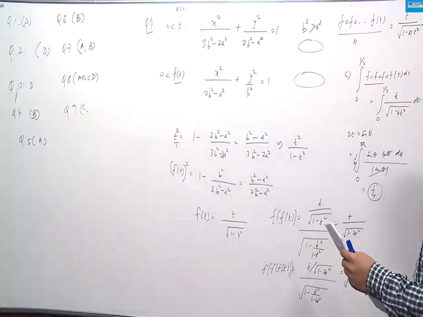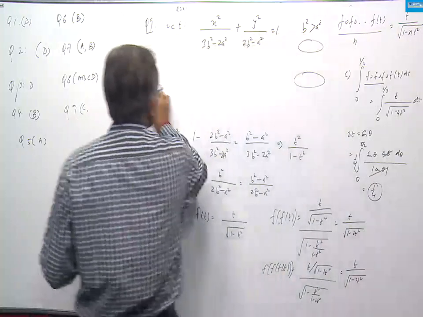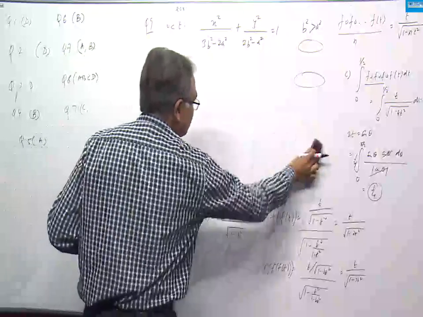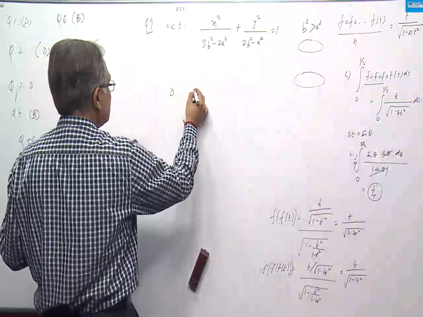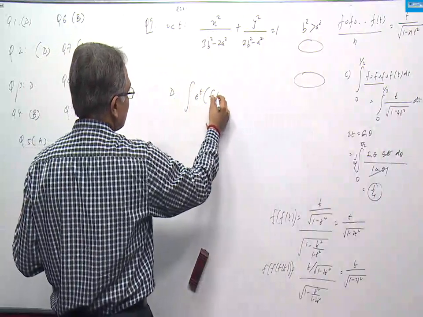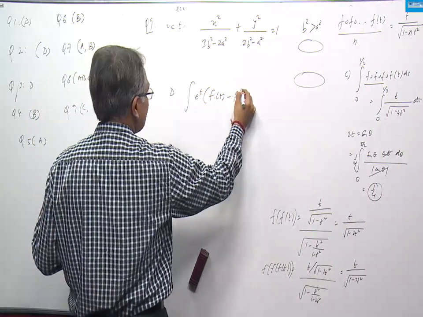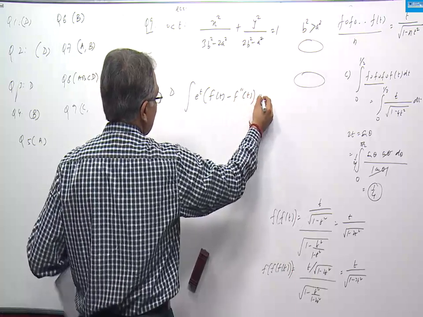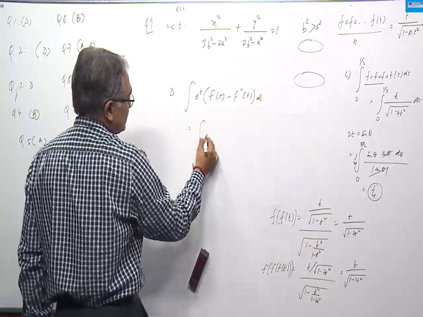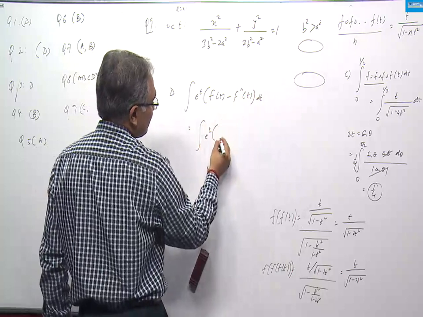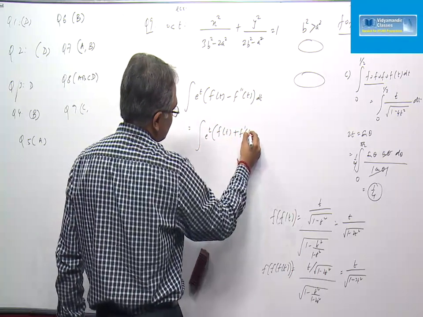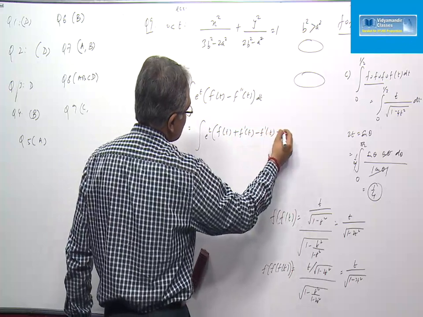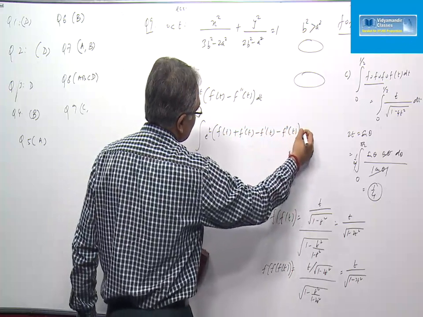And what about D option? D is integral e to the power t f(t) minus f double dash t, which is integral e to the power t adding f(t) and f dash t and subtracting f dash t, f(t) plus f dash t minus f dash t minus f double dash t.